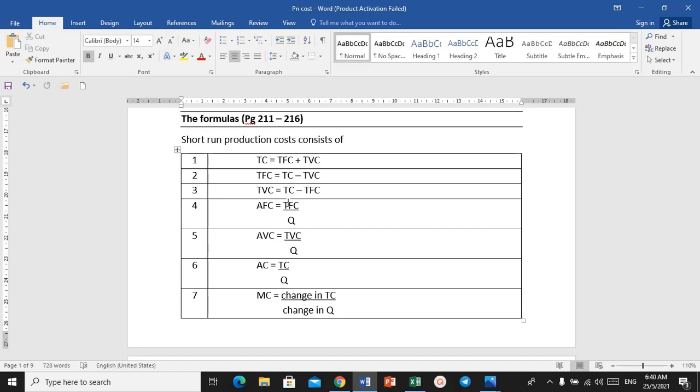A company is in a short run period if there is at least one fixed cost in their production activities. In this case, we still have total fixed cost. This is why we say that this company has a short run production cost. So that would be the answer.